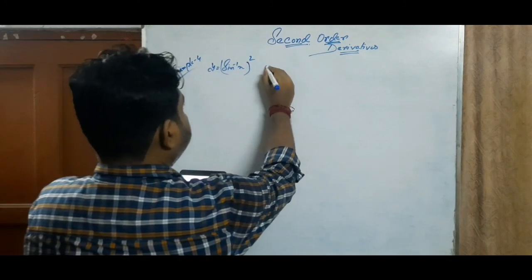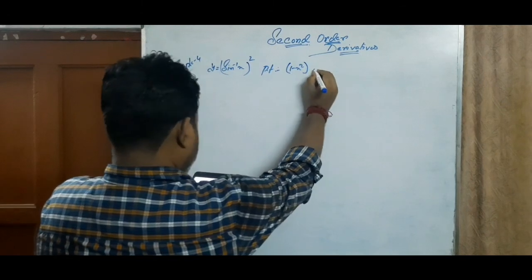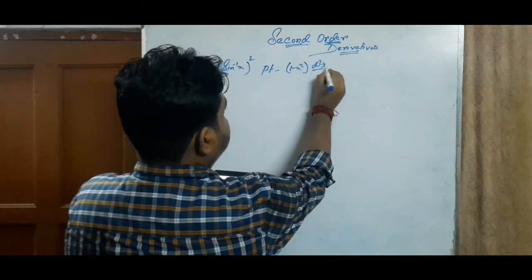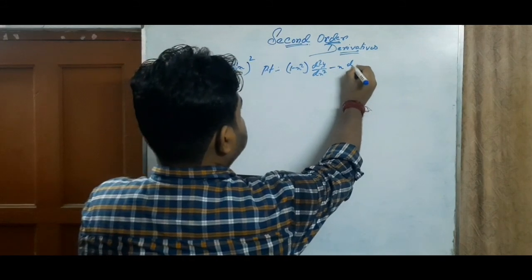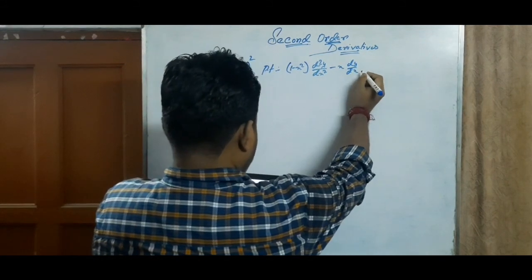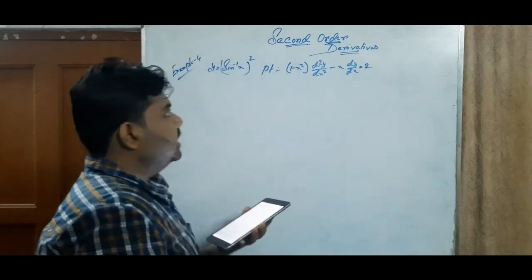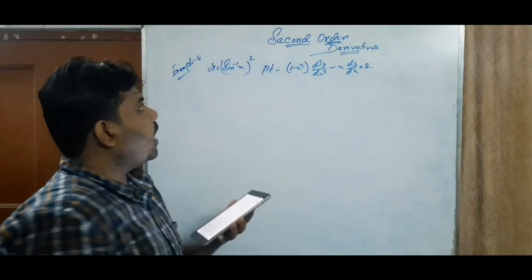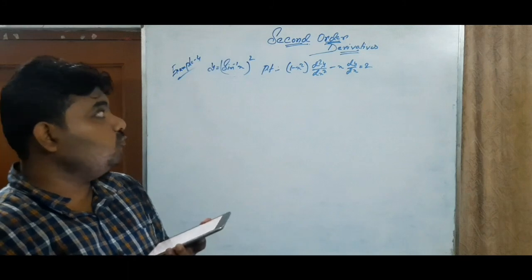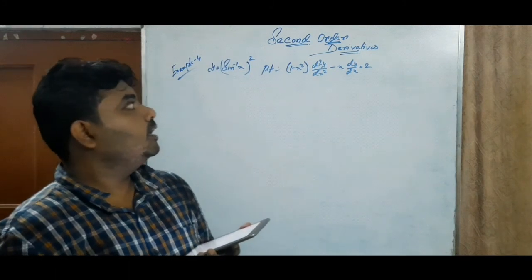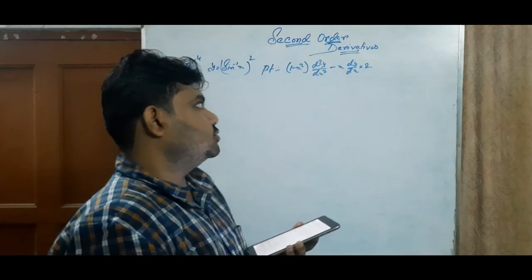We have to prove that (1 minus x square) into d2y by dx square minus x dy by dx equals 2. This is the function y equals sine inverse of x whole square, and we have to prove that (1 minus x square) into d2y by dx2 minus x dy by dx equals 2.